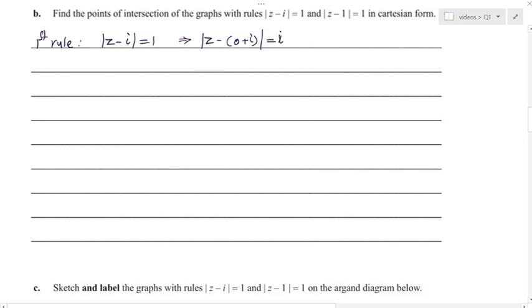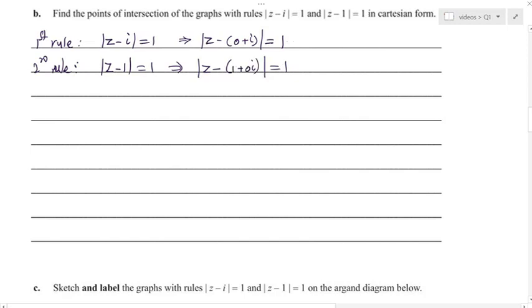It is more convenient and easier to interpret geometrically now. The second rule is mod z minus 1 equals 1, which tells you that z minus 1 plus 0 iota equals 1.